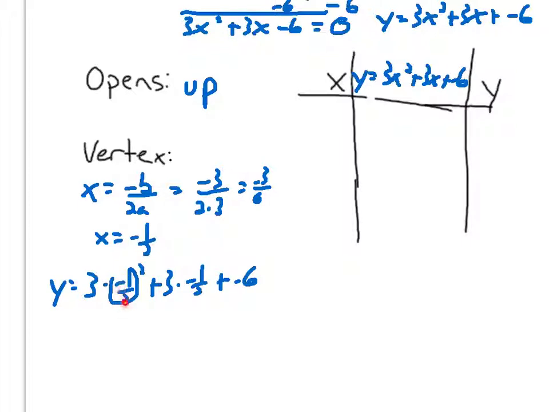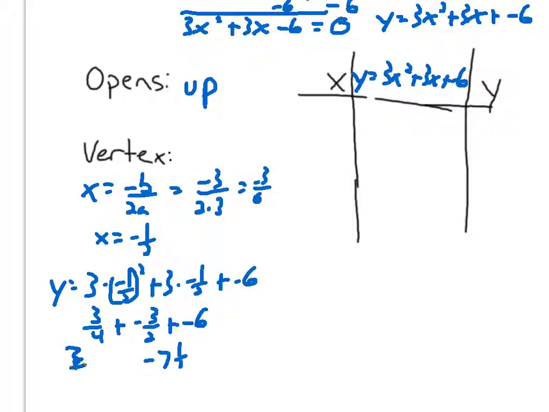Well, negative 1/2 squared is 1/4 times 3 is 3/4. 3 times negative 1/2 is negative 3/2 plus negative 6. Okay, well these two together make negative 7.5. So I'm going to go ahead and write that down. That's negative 7.5.